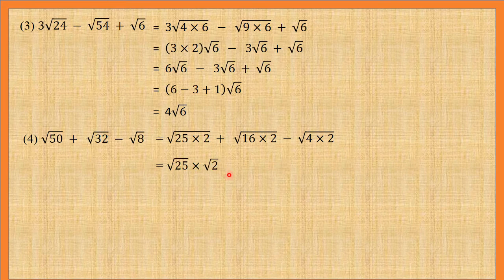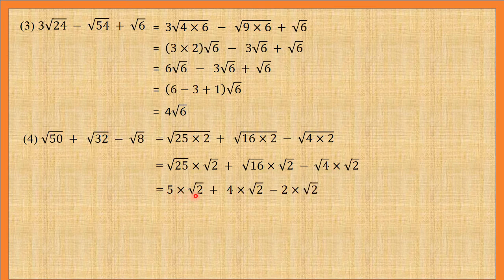And this will be equal to square root of 25, when you separate them, times root of 2, plus square root of 16 times root of 2, minus square root of 4 times root of 2. This will then be equal to 5 root of 2 plus 4 root of 2 minus 2 root of 2.